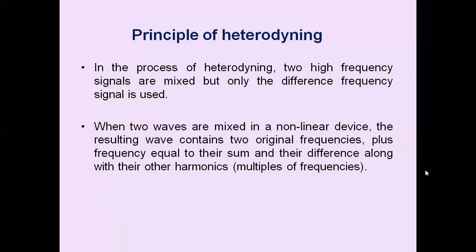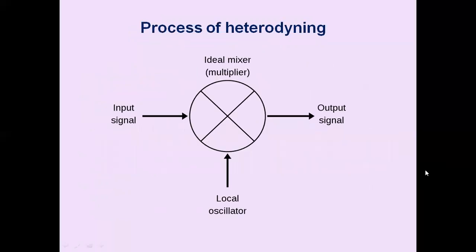Multiples of the frequencies are also produced by the nonlinear device. We are interested only in the difference frequency, that too a constant frequency. The process of heterodyning can be explained with the help of the diagram shown here.